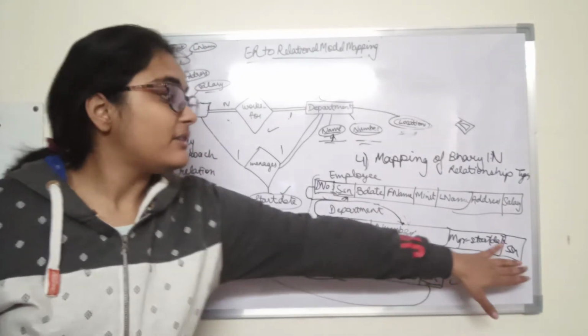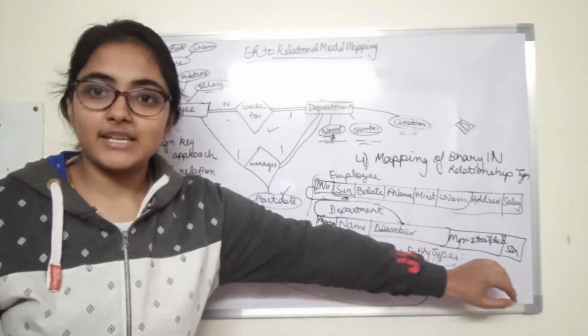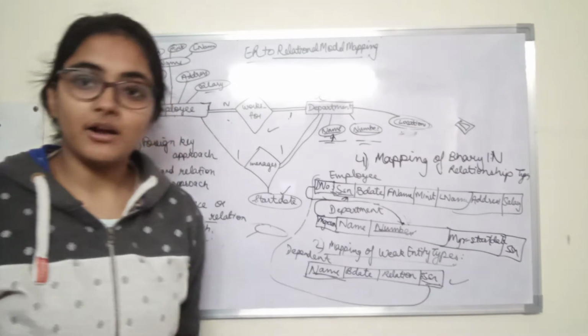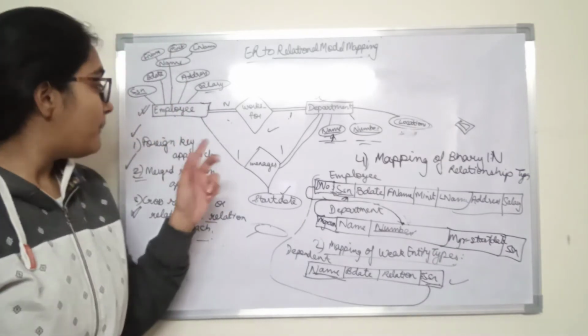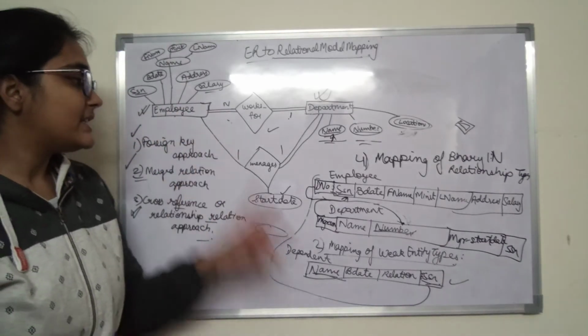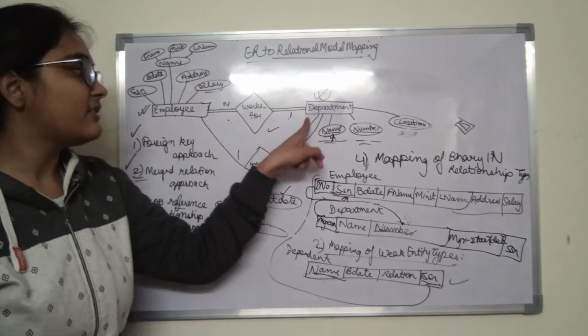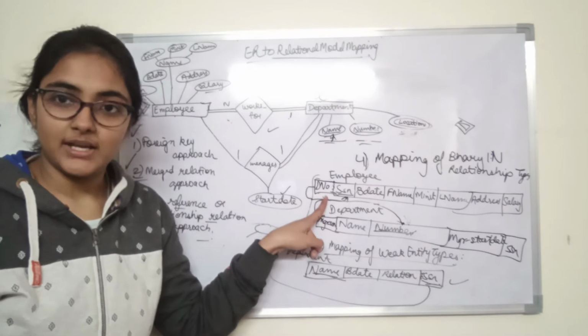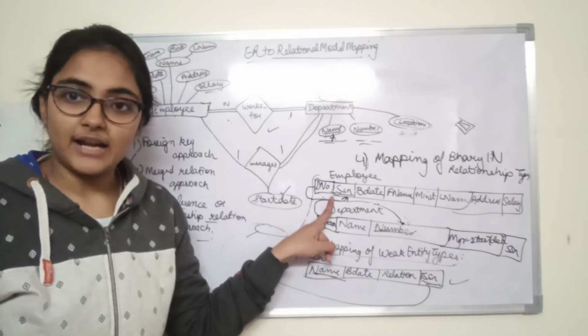For every department we have to record the social security numbers of all the employees that are working for a particular department, so it will become a multi-valued attribute. But in case we include it on the employee side, since every employee works for at most one department, there will be at most one value here, that is, it will be a simple attribute.